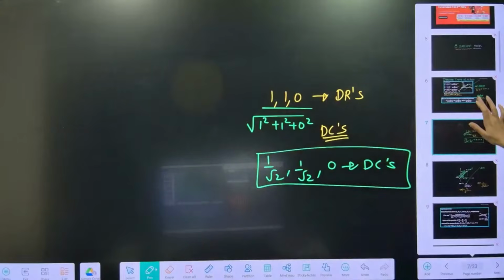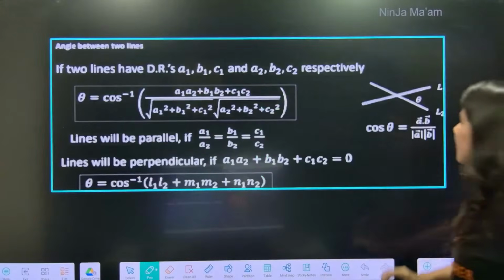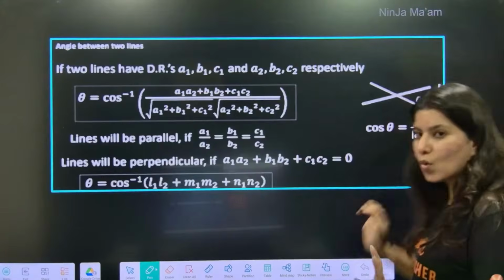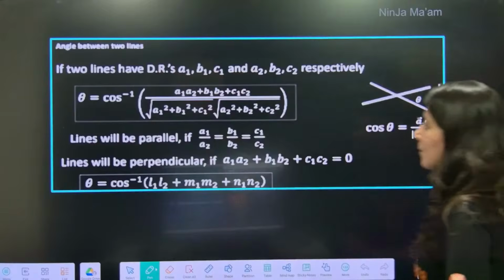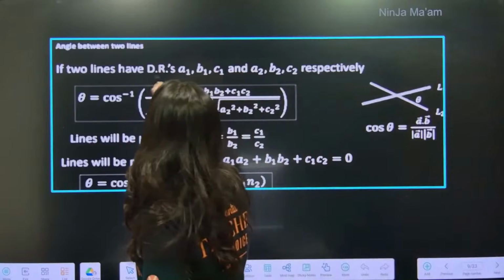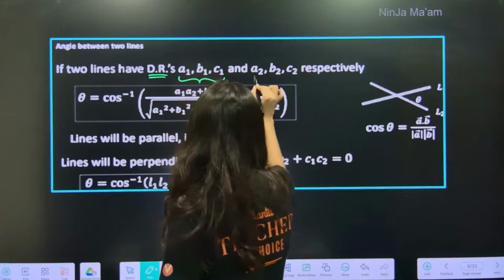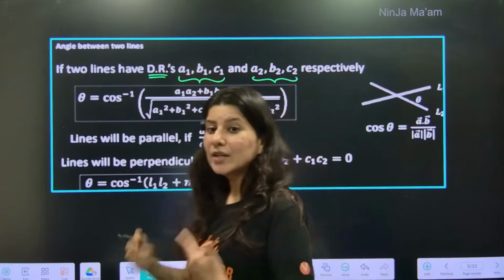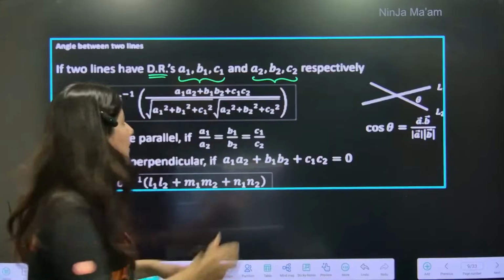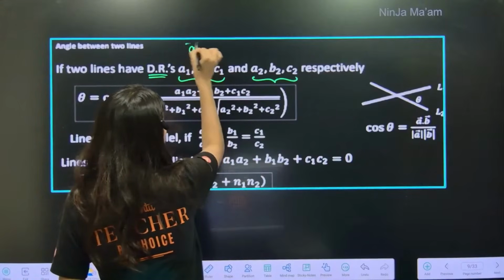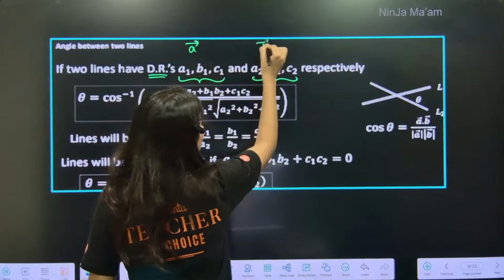Now, if somebody gives you two lines with direction ratios A1, B1, C1 and A2, B2, C2, how will you calculate the angle? Think of this as vector number 1, A vector, and this as vector number 2.